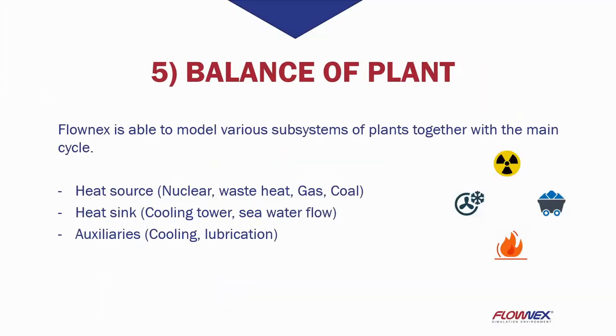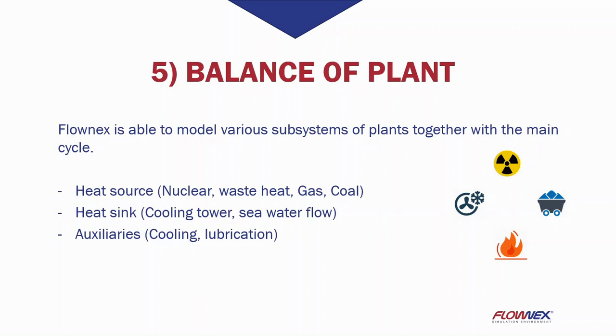Coming back to our presentation, next we'll be looking at the balance of plant. FlowNEX is able to model various subsystems coupled to our main cycle. This includes various heat sources such as nuclear, waste heat systems or gas and coal combustion, and various cooling systems such as cooling water or cooling towers.